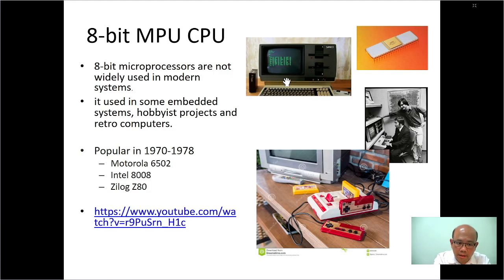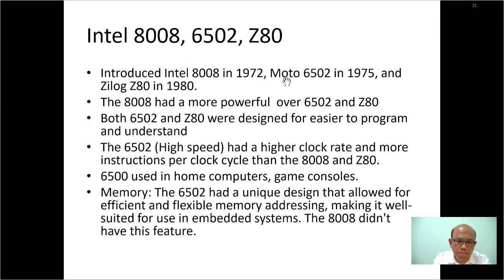During 1970 to 1978, this was the market. The market was a fight between Intel, Motorola, and CSOS to build the microprocessor and the tools for supporting microprocessors.